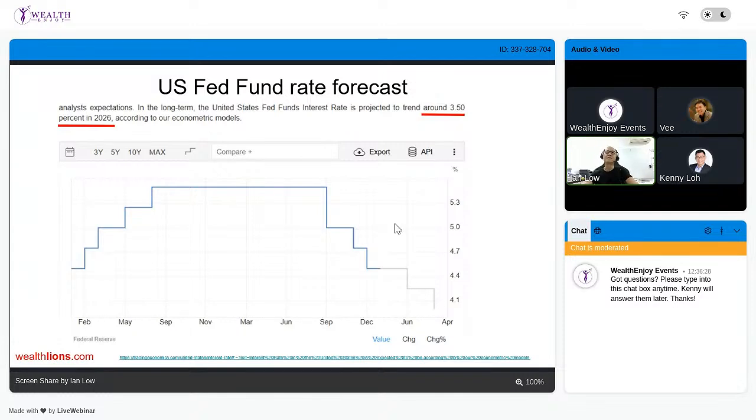And the Fed fund rate is forecasted to go lower over the next 1 year, from about 4.5 to 4 to 4.25%. Over here, I highlighted in red, 2026 is forecasted to be 3.5%.